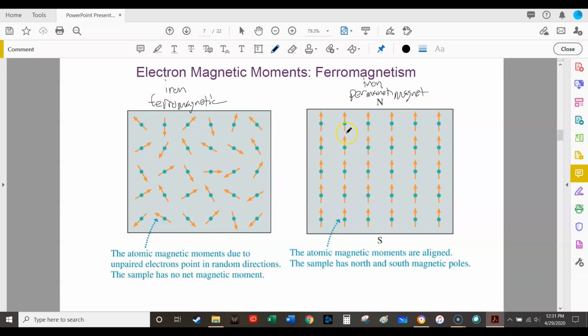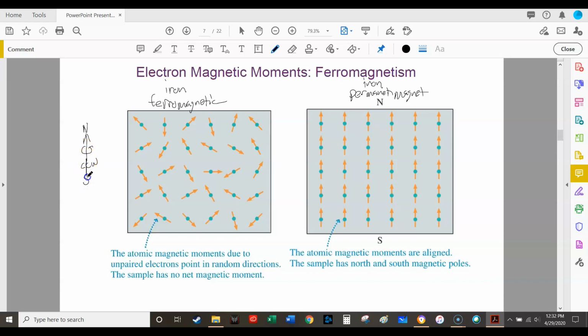But you'll notice that first of all, the direction that it points is the dipole, right? It's the unpaired electron. And it's going to be rotating counterclockwise, so CCW, okay? And at the top of this is the north. It's a little magnet in and of itself, and the bottom is going to be south, right?